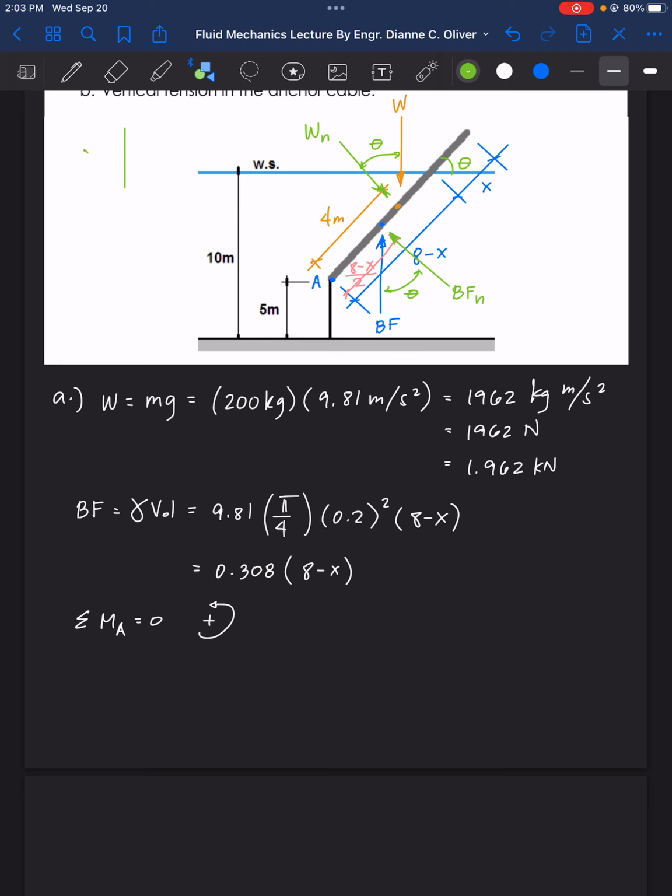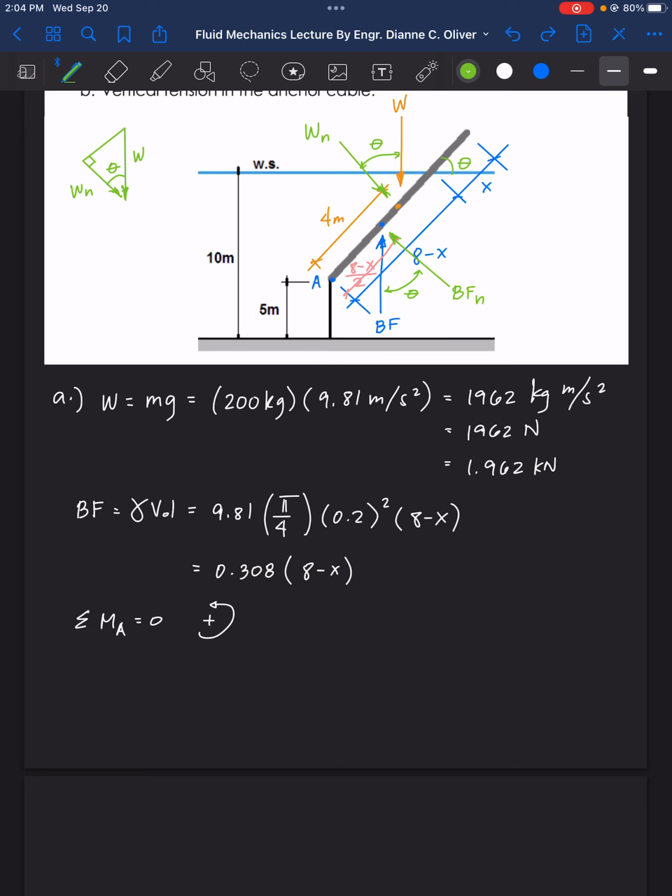So this is W, this is WN, this is perpendicular here, and this is the angle. So W is the hypotenuse.